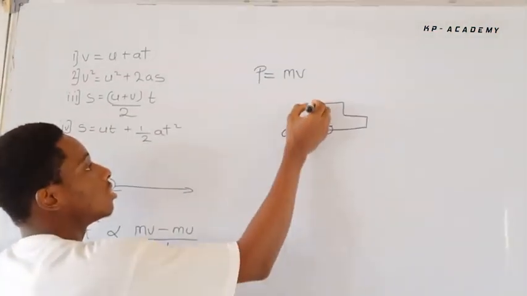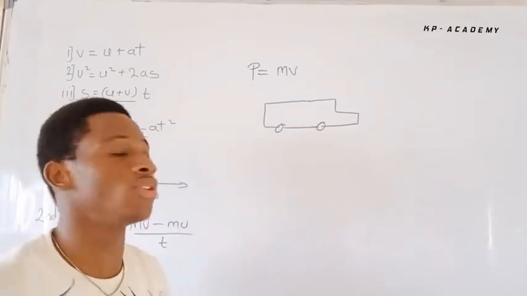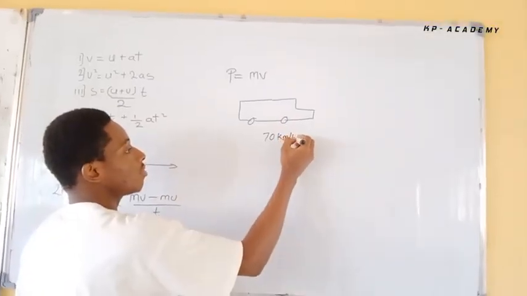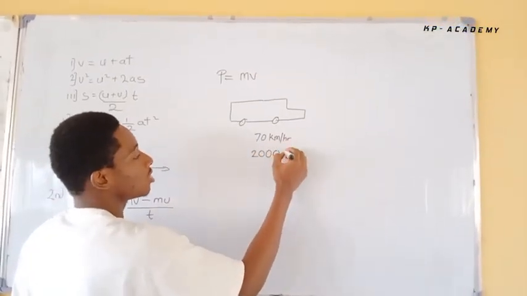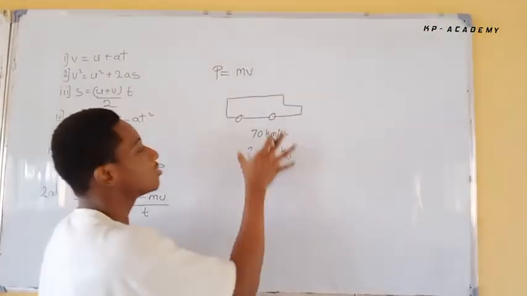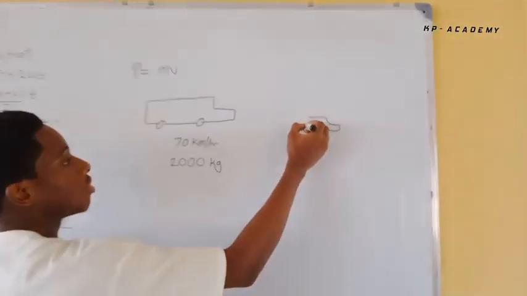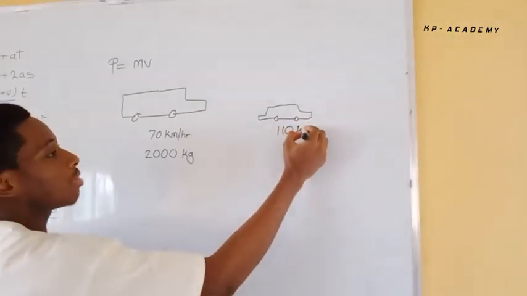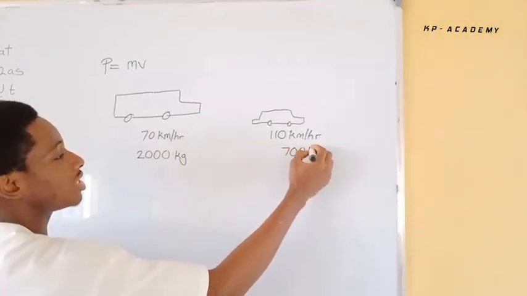If I say a large lorry moving with a speed of, let's say, 70 kilometers per hour, and has a total mass of 2,000 kilograms, it has more momentum than a smaller vehicle moving at 100 kilometers per hour with a mass of, let's say, 700 kilograms.